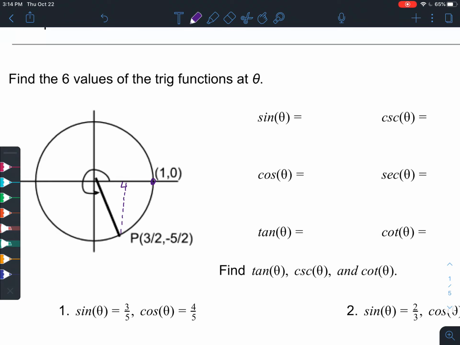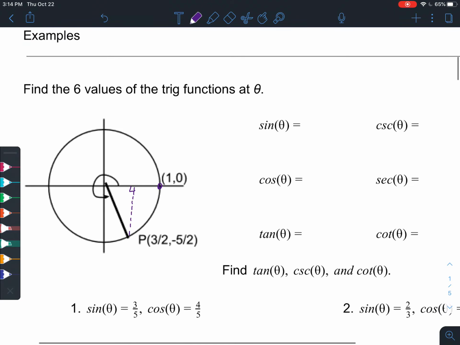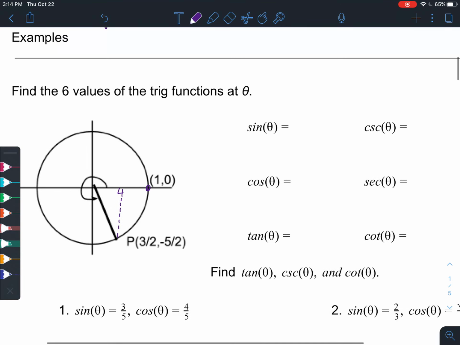Sine is going to be opposite over hypotenuse. So if we are looking here, and this is our theta, our opposite side is this one here. So it's our y. And this is our x.